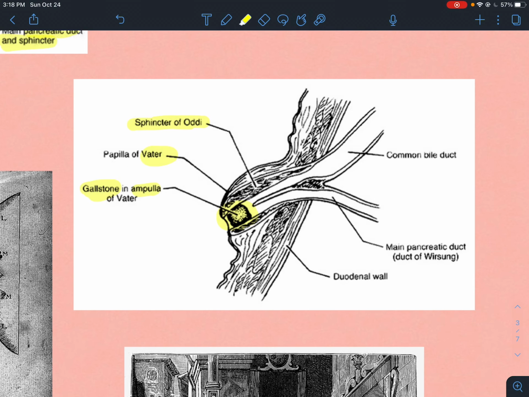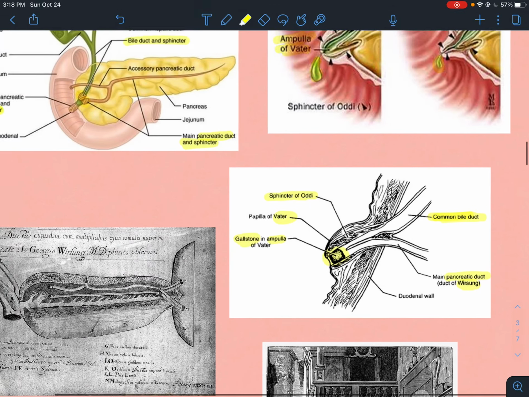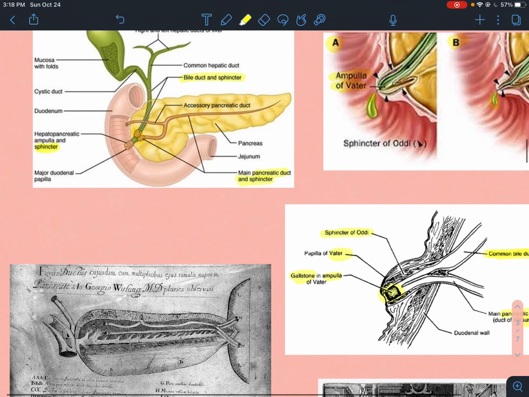As a reference, up here you can see the common bile duct and the major pancreatic duct. Notice that the major pancreatic duct is also known as the duct of Wirsung. The major pancreatic duct would therefore be this one.